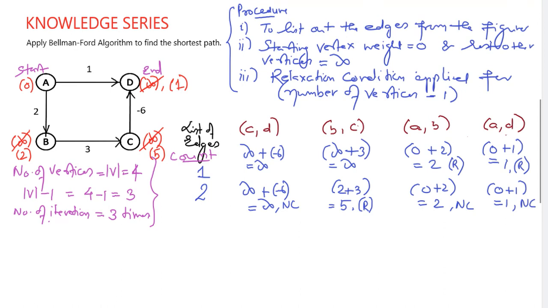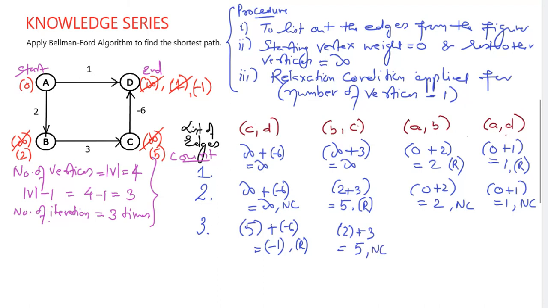Now we go to the third iteration. In the third iteration, CD: C is 5 plus or minus 6, that is equal to minus 1. So we do a change, a relax condition, and it becomes minus 1. BC: 2 plus 3 is 5, no change.